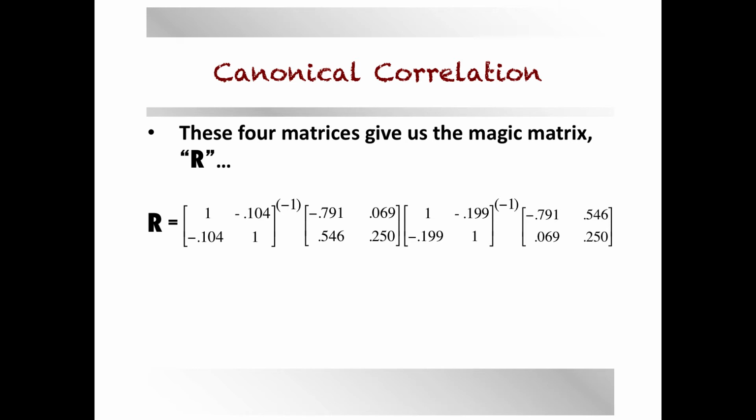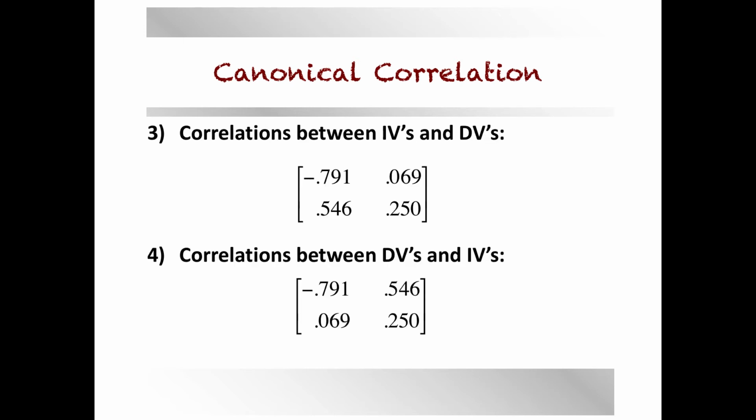So the magic matrix, I don't know how magical this really is, but this is the canonical correlation fundamental matrix, because ultimately it's going to give us what we need to describe that canonical correlation. So we go in order here. The 1, negative 0.104, that's the correlations between DVs, and that's the first matrix, and you inverse it. Then you go 0.791, negative 0.069, which one was that? That was number 3, correlations between IVs and DVs.